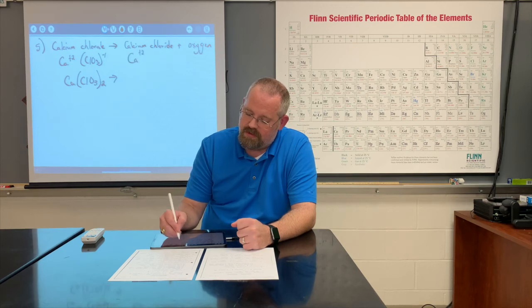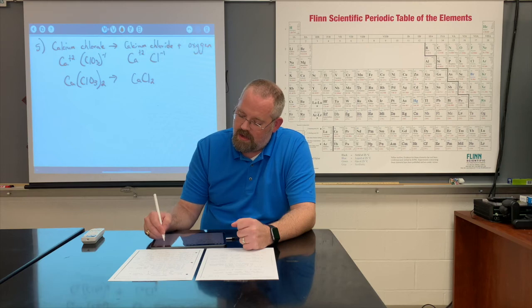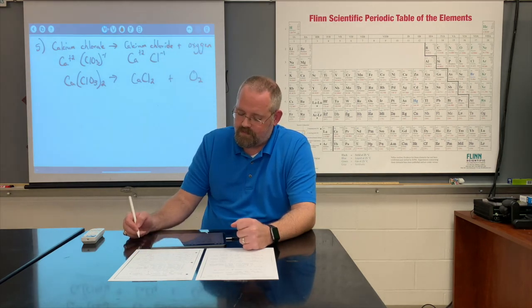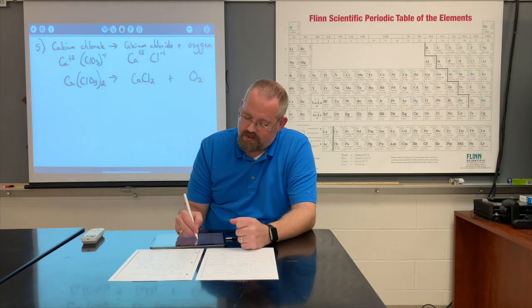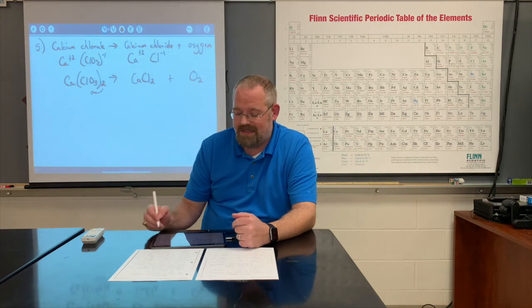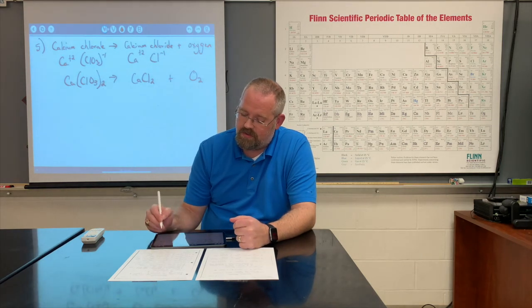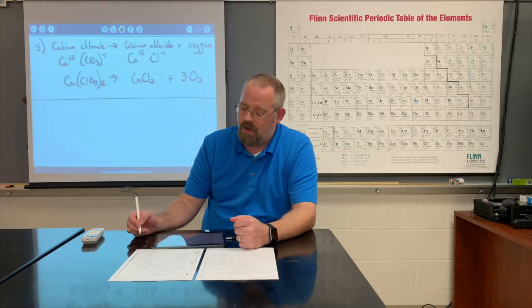Calcium is a +2. Chloride means chlorine. Chlorine is a -1, so CaCl2. And oxygen is diatomic, so O2. Now, when you go through and balance this one, you need to make sure that you distribute this too. So it means you have 2 chlorines and you have 6 oxygens. So to balance this, all we actually need are 3 oxygen molecules.